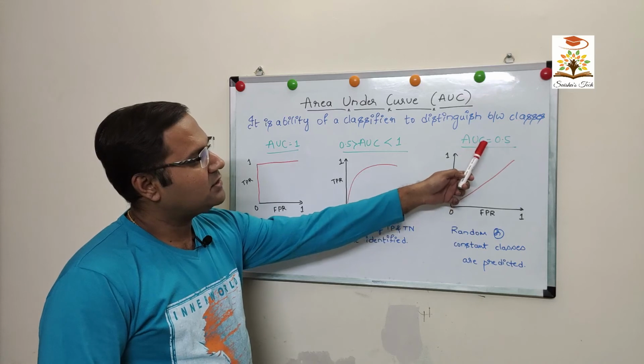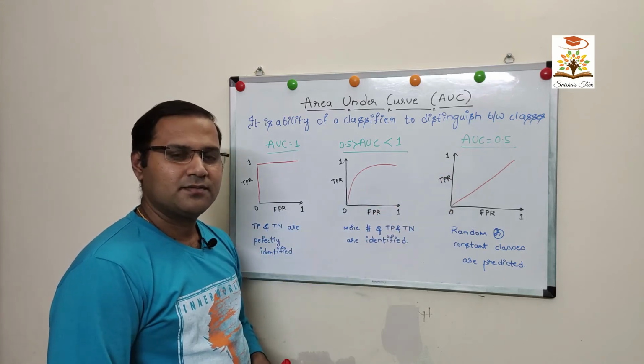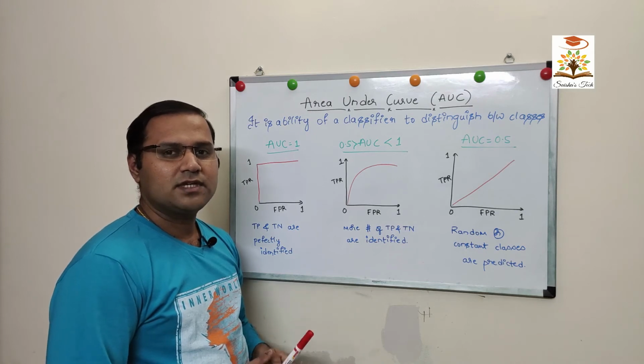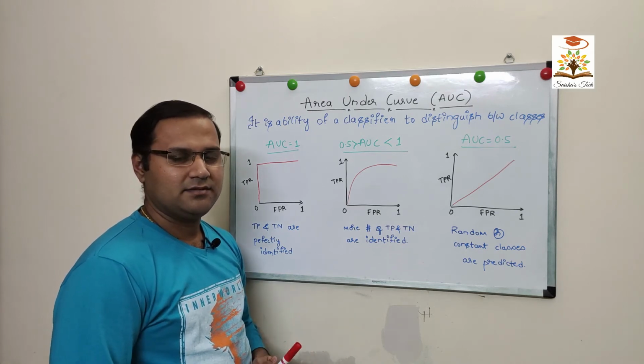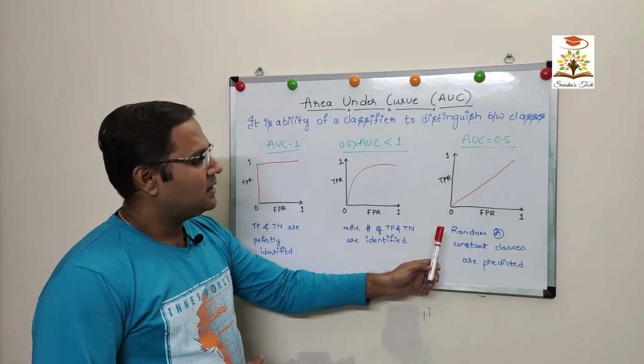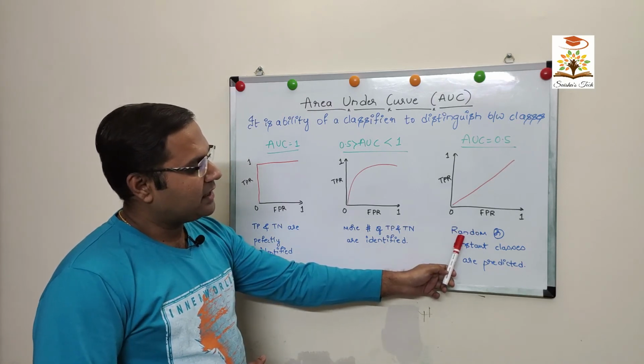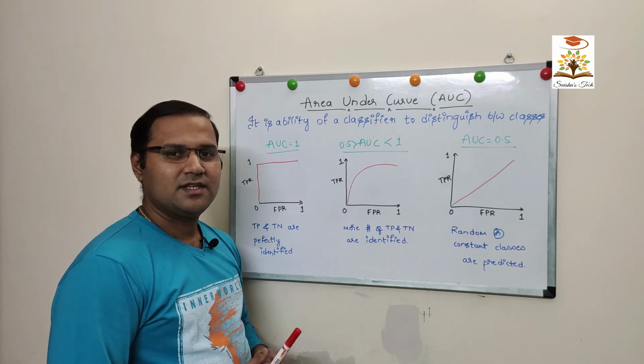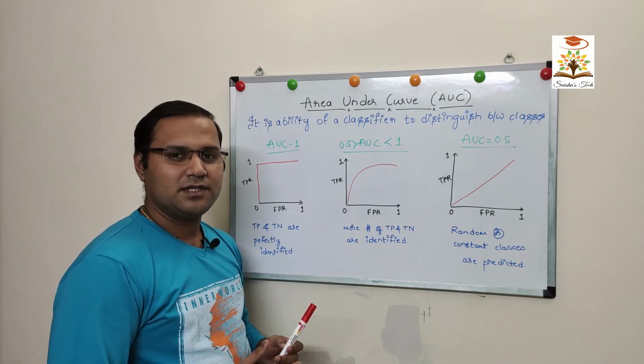Similarly, if AUC is equal to 0.5, here we are not identifying the true positives and true negatives correctly, or the output predicted is random or a constant class. These were some of the concepts of AUC.